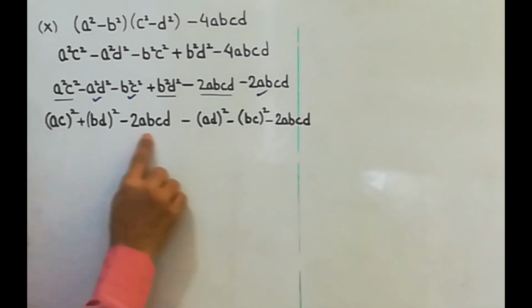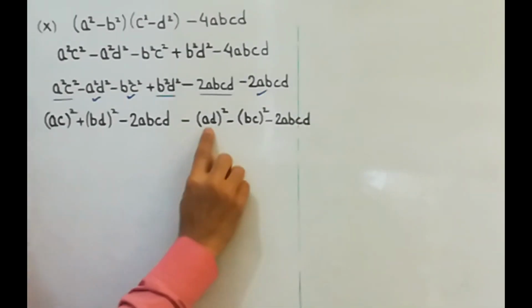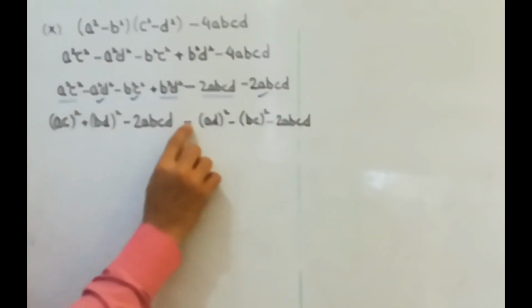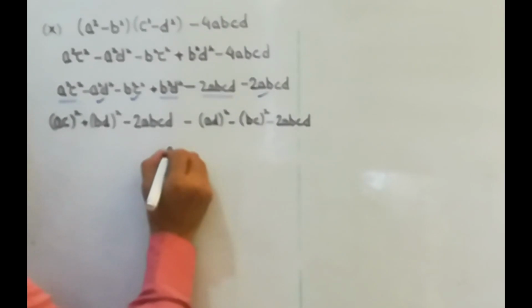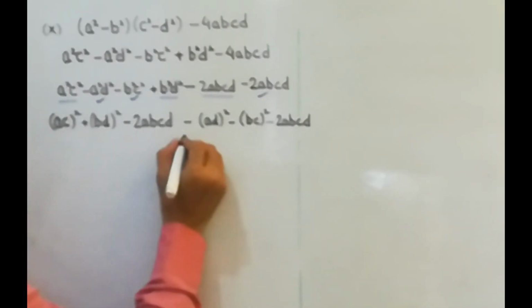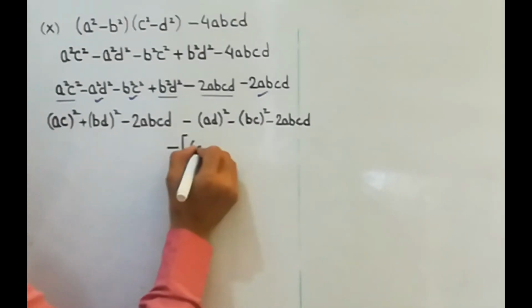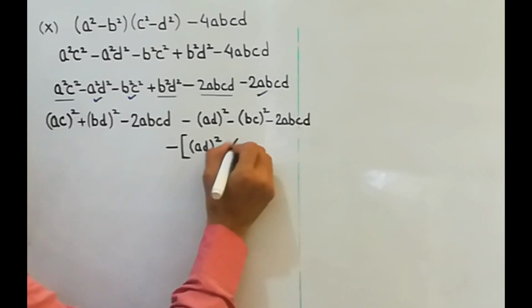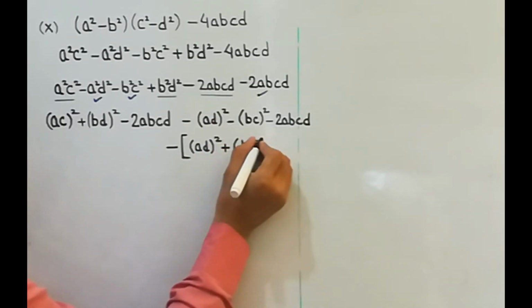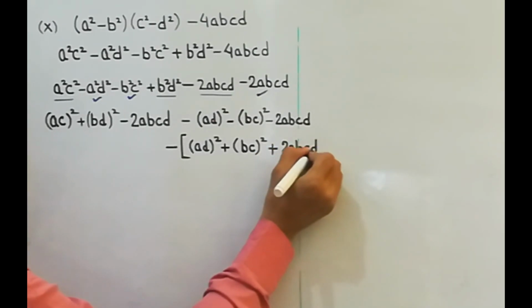Now this will be taken in one group and this will be taken in the second group. If you see, the second group is starting with a minus sign. So whenever a group starts with a minus sign, you take the minus sign common, and within the bracket all the signs will change. AD square plus BC square plus 2ABCD, like this.